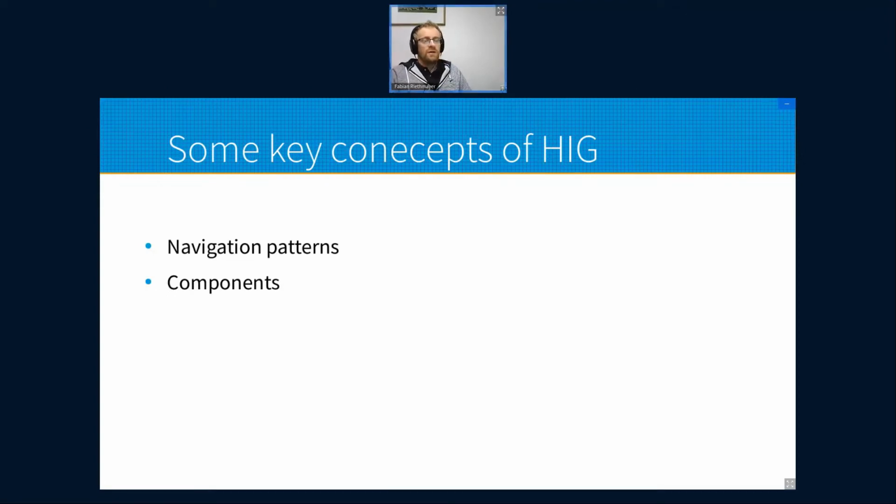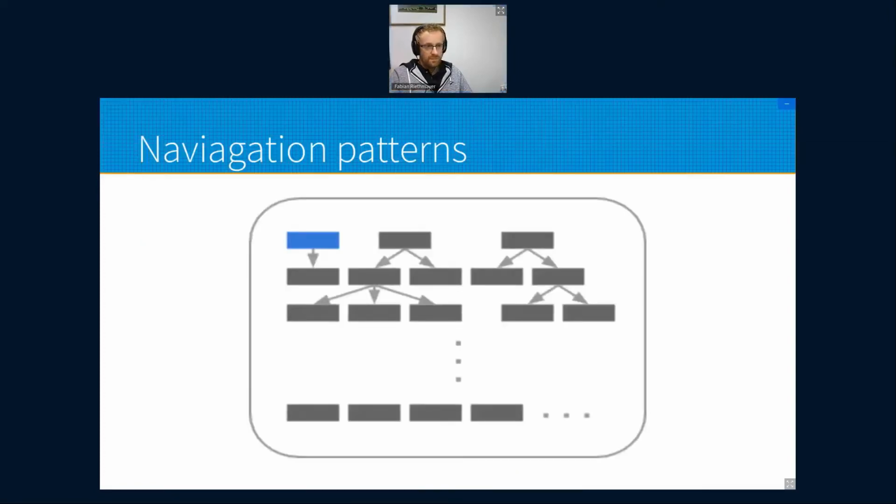So how do human interface guidelines help in achieving these goals? Let's take a look at two core parts of typical user interface guidelines: navigation patterns and components, and how they help to achieve consistency and speed up development. Navigation patterns. Navigation patterns are something very fundamental for every app.